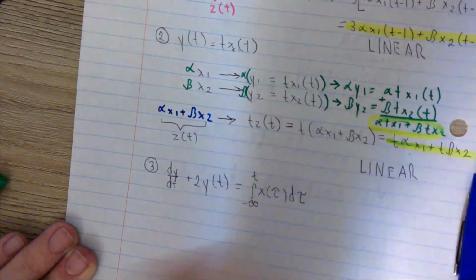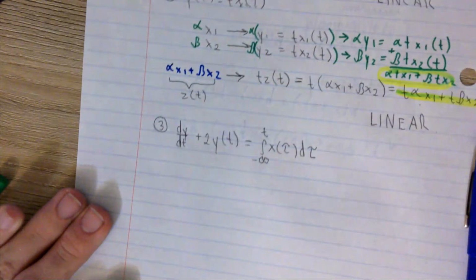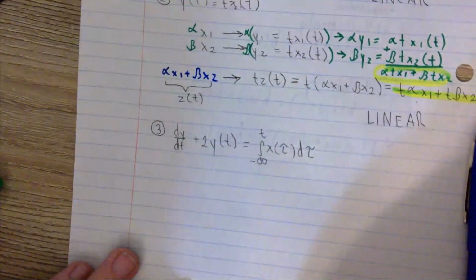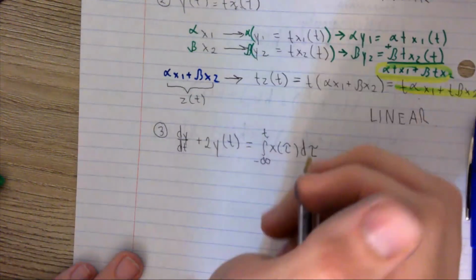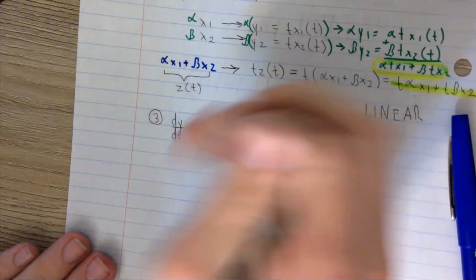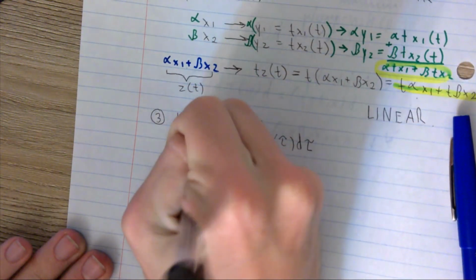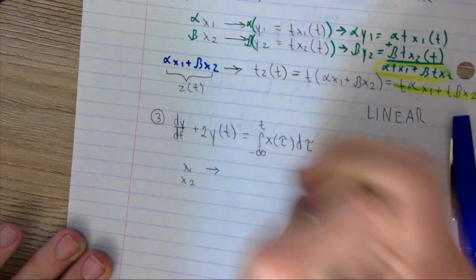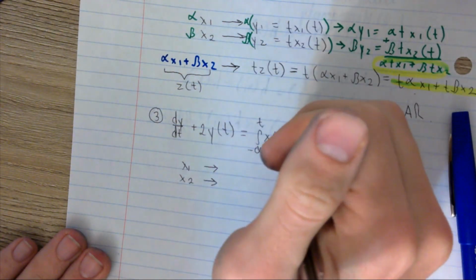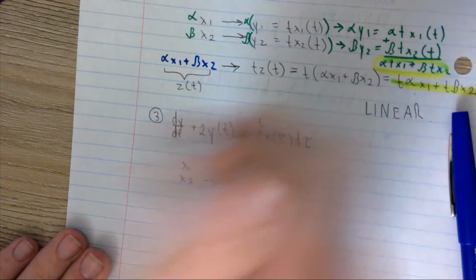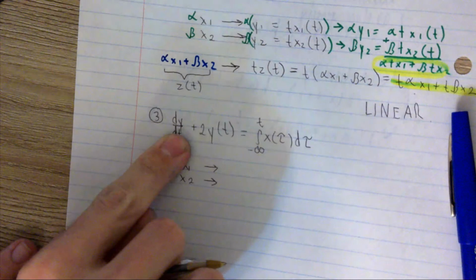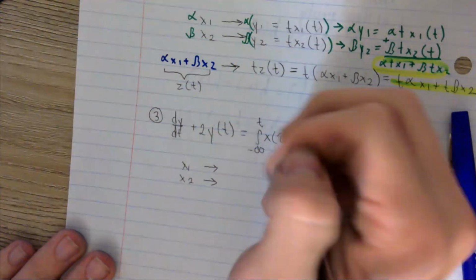And so what that is going to produce, if it's linear, we can say, well, how do we prove that? We have two input signals, x1 and x2, following the same path. That's going to produce the solution. I'm going to call this basically a solution to this ordinary differential equation.